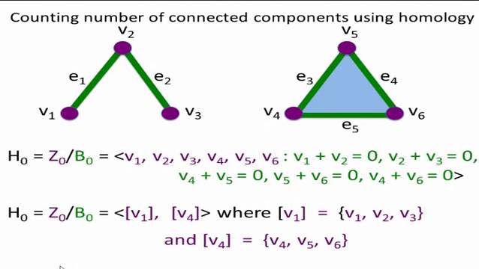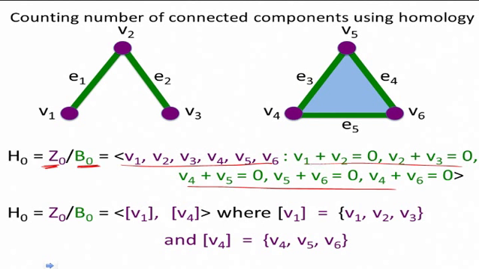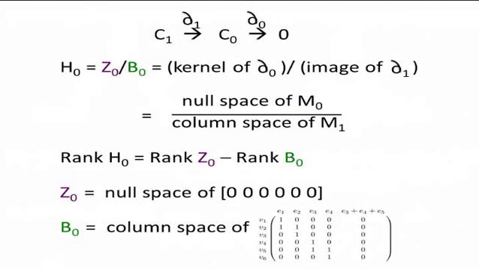So we now know our generators from our Z naught, as well as our relators from our B naught. We simplified this one using matrices. This one didn't need any simplification, but we could have. So just to refresh what we've done, our zeroth homology is the kernel of our boundary mod the image of the preceding boundary.